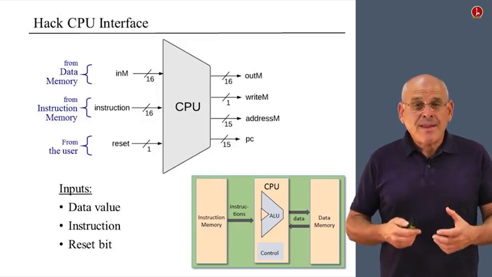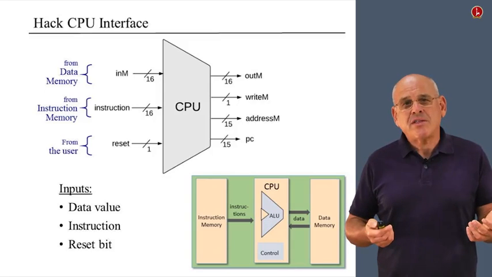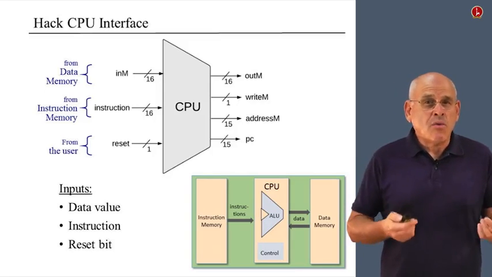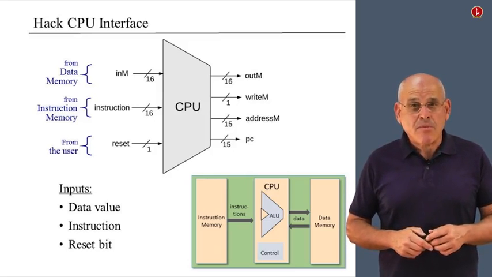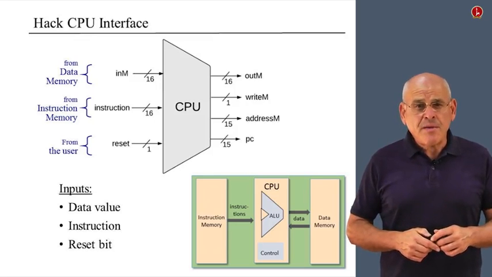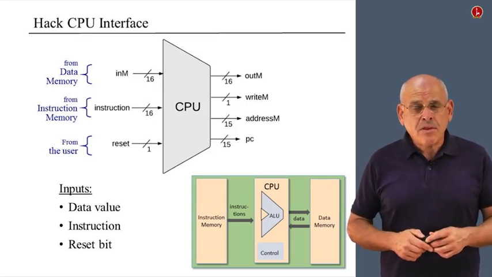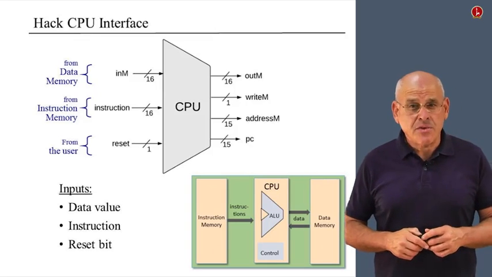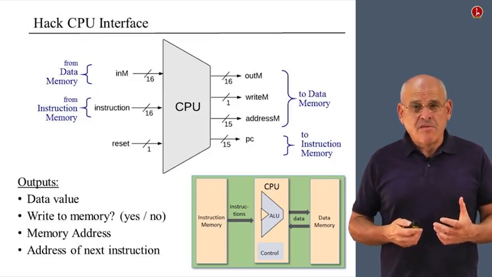And remember that at any given point of time, there is always a selected register in the instruction memory, and there is always a selected memory register in the data memory. So always something comes into the CPU. The third input, which we decided to call reset, is a 1-bit input, which I will discuss later in this unit. On the right-hand side, we see the outputs of the CPU.